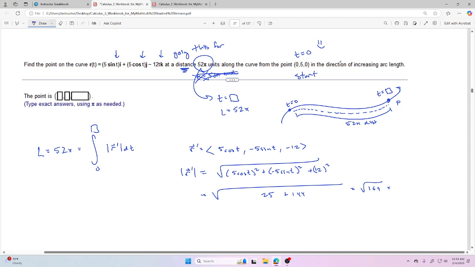That's nice. 13? Perfect. So, thank you, MyMathLab. This one's an easy one. From 0 to something of just 13 dt.